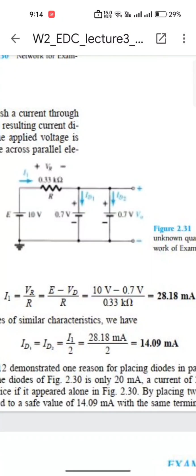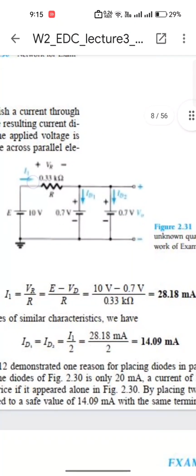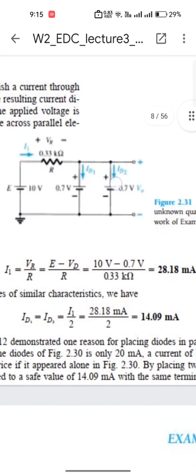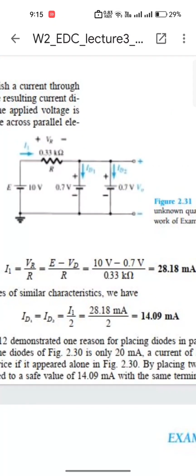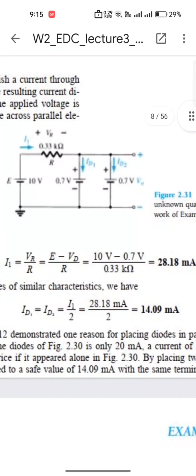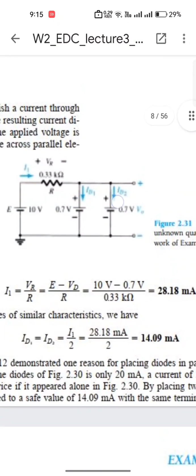As the resistance on both sides is the same, we can say that this current will divide into two similar values. So simply dividing the current I1 by 2 to calculate the current through diode 1 and diode 2, we found that 14.09 milliampere is the current passing through the first diode and the second diode.